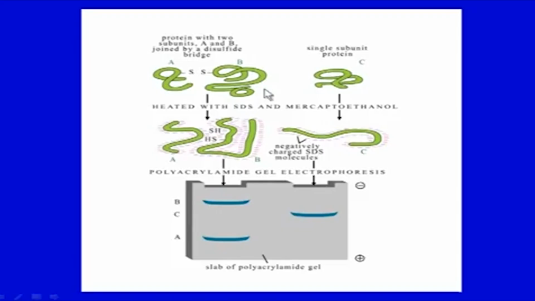Now, in the figure you can see two samples. One protein has disulfide linkages, one is without disulfide. When they are heated in the presence of mercaptoethanol, these disulfide links are broken.